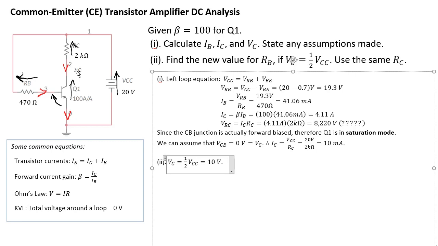So we can now work out the new IC that is going through RC. The new IC equals V over R. The V is going to be VCC minus VC, divided by RC. So that's VCC is 20, VC is 10, so therefore it's 10 volts divided by 2 kilo ohm.